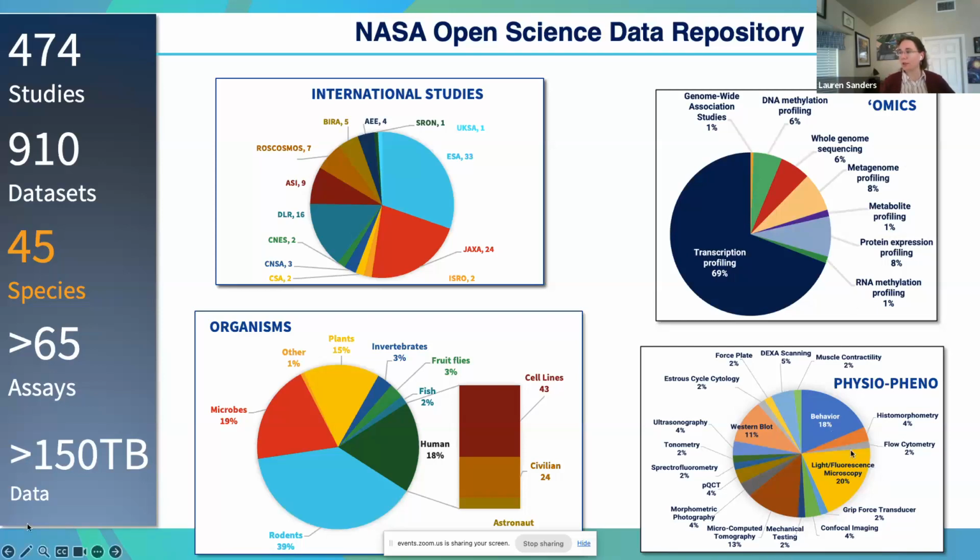And then on the non-omics, the physiological or phenotypic side, lots of different types of assays that study the impact of spaceflight on different levels, from the molecular level all the way up through animal behavior or different ways of measuring the effects of spaceflight on proteomics or muscle. So putting all of this data together is really valuable for creating a multi-level understanding of what's going on with a whole organism in space.